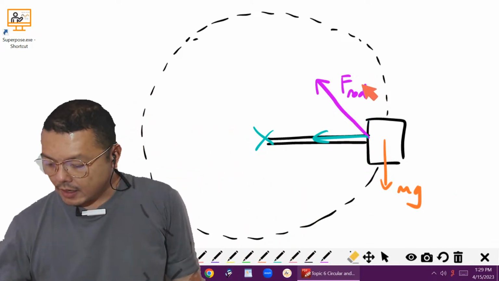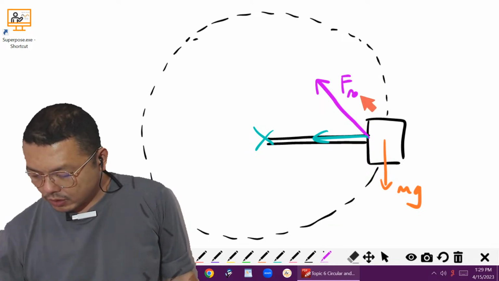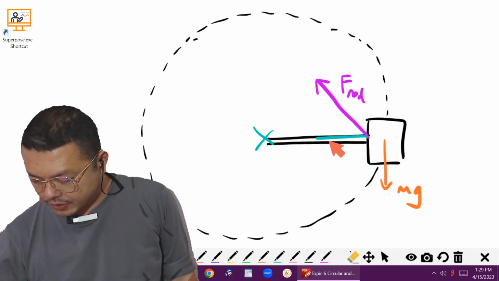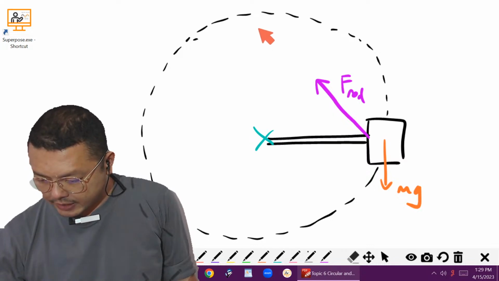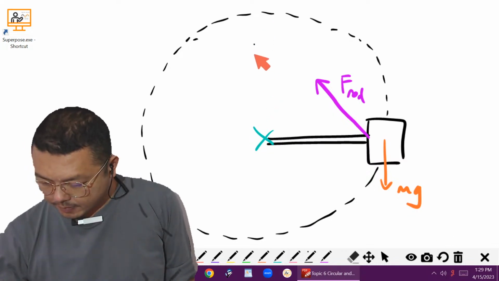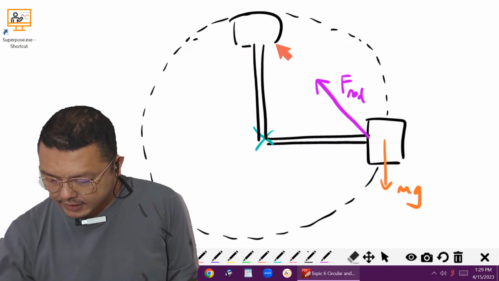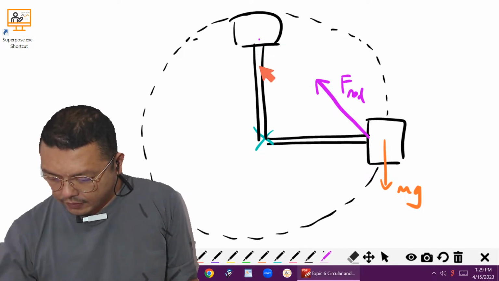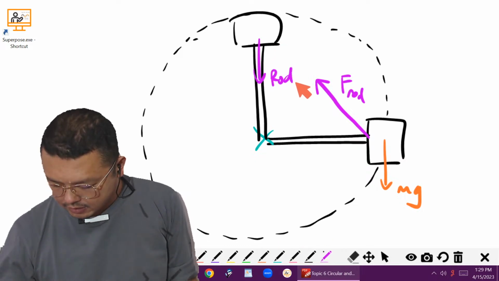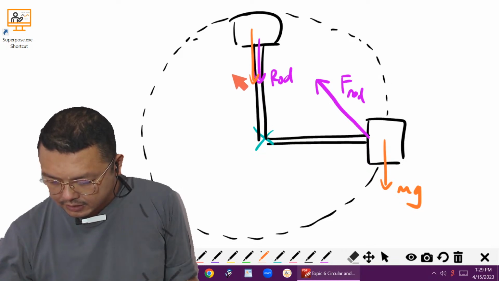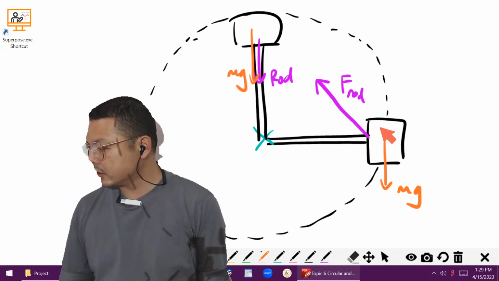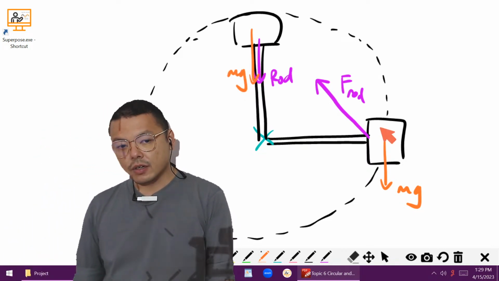Now of course, when you get to the top position, once the object is at the top here, the force on the rod is just pointing down, because there's nothing else for it to do. So the force on the rod will keep changing.